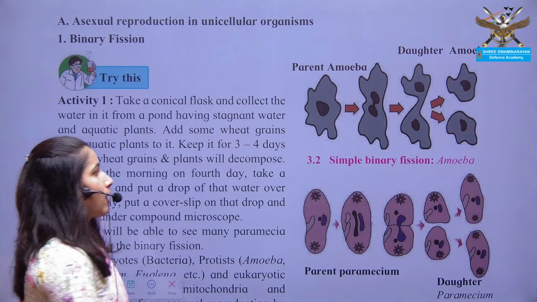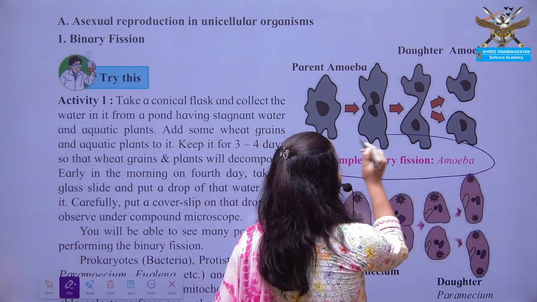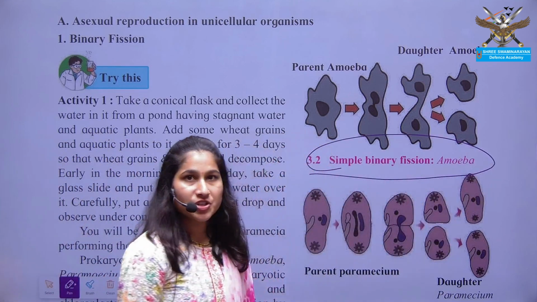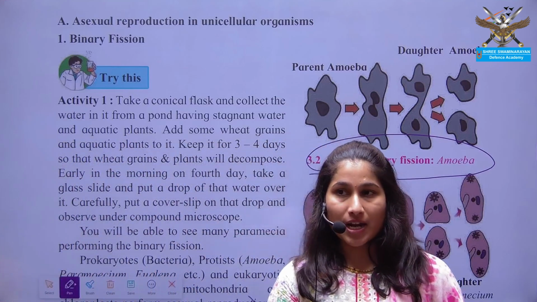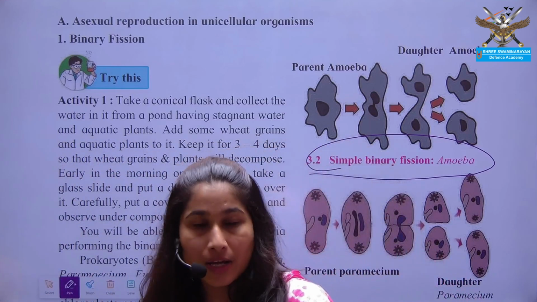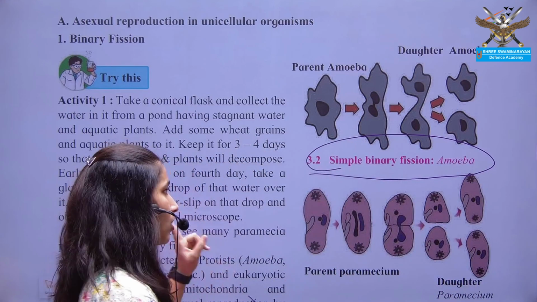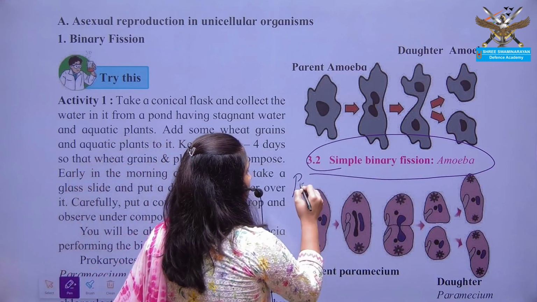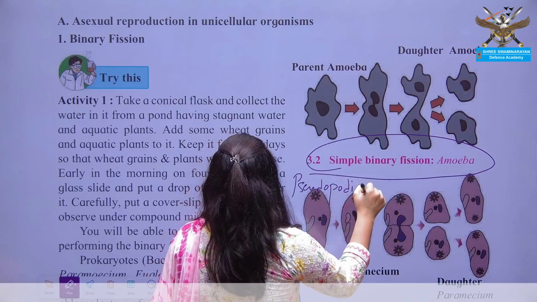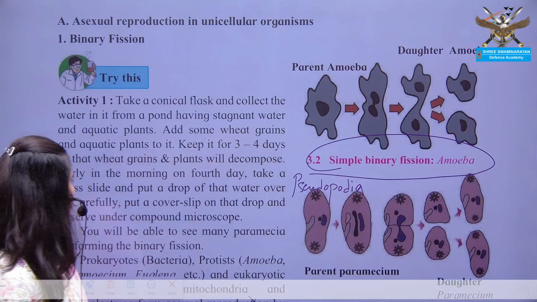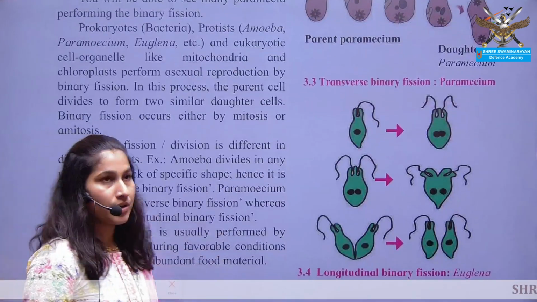So first we are going to discuss binary fission. Binary fission in amoeba. Does amoeba have its own shape and size? Does it have any kind of locomotory structure? No, they have pseudopodia.